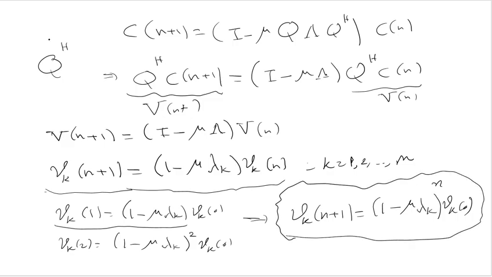This is the behavior of our mode, and as you know, based on the change of variables, we had Vn equals Q Hermitian times W optimum minus Wn.